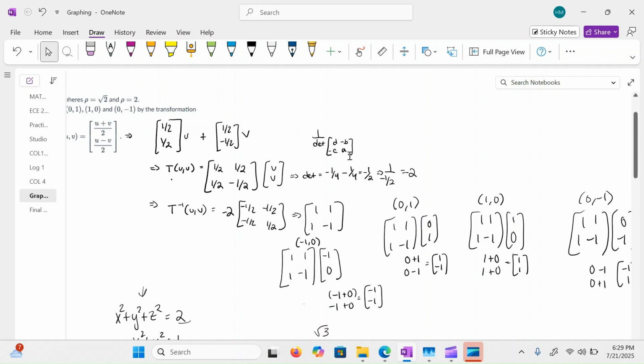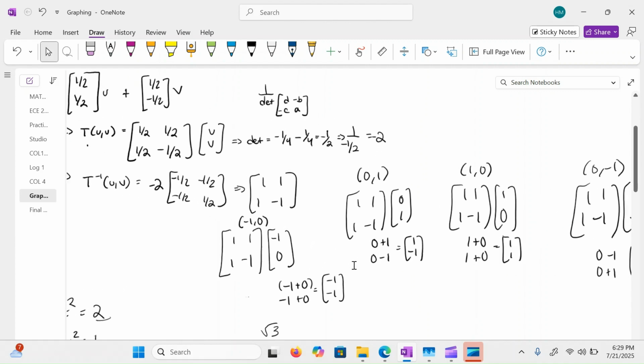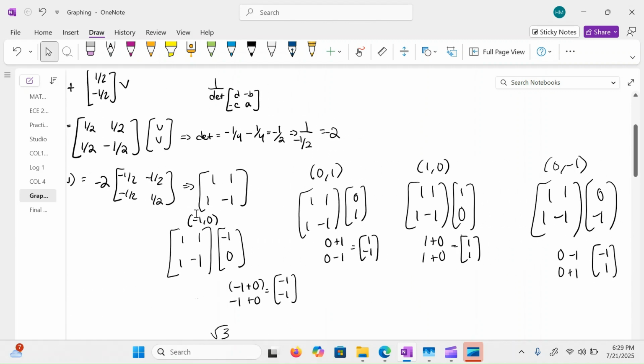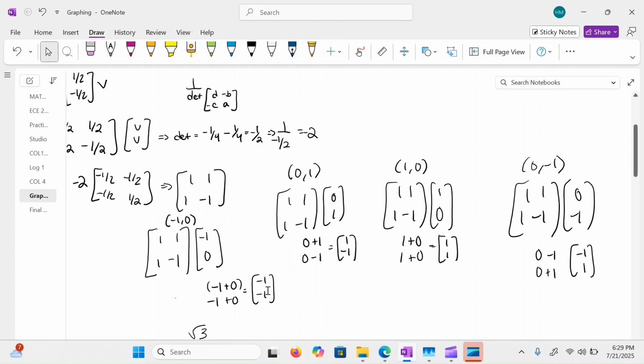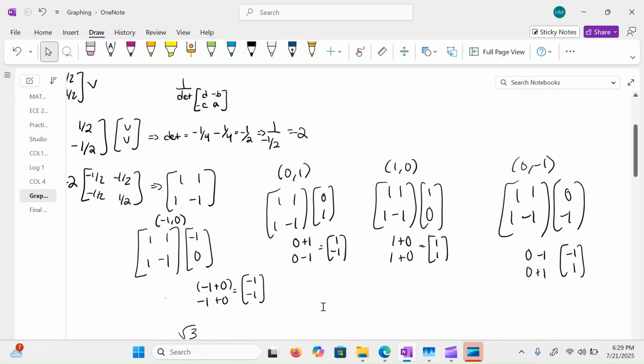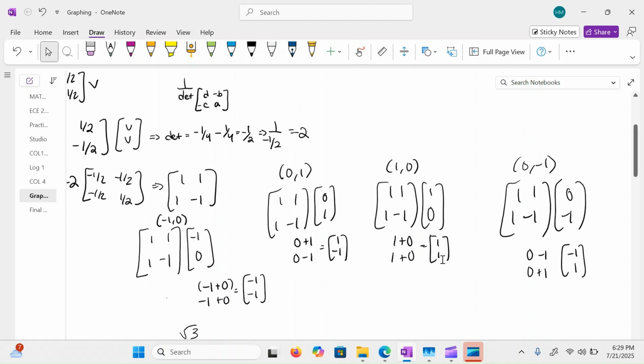And we're doing 1 over the determinant, which is negative 2. And then we have d, negative b, negative c, a, which will give me this matrix, 1, 1, 1, negative 1. And then here I'm taking the points that were given and doing matrix multiplication, which will give me the transformed coordinates, negative 1, 1, negative 1, 1, 1, and negative 1.